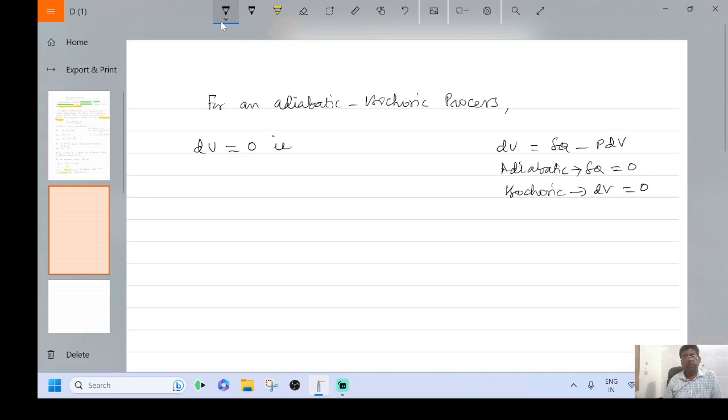That is, the change in internal energy is 0. This gives U as a constant.